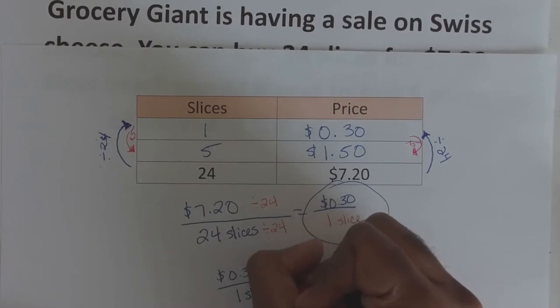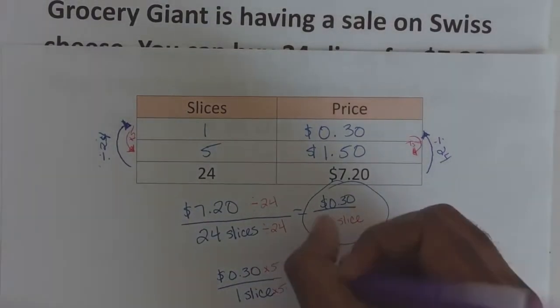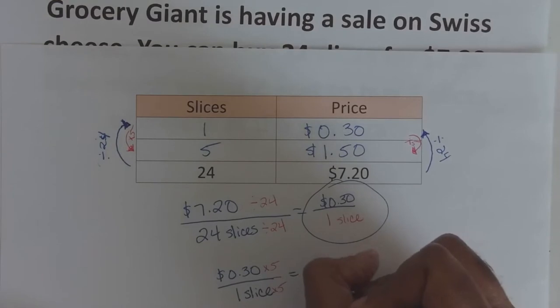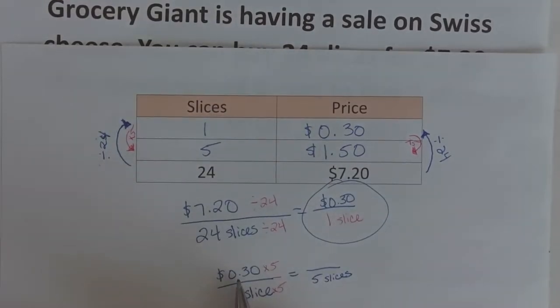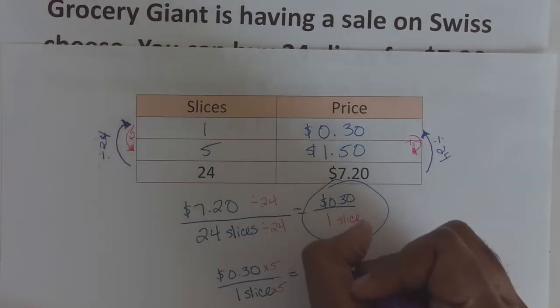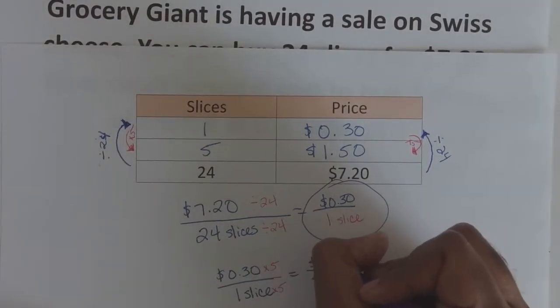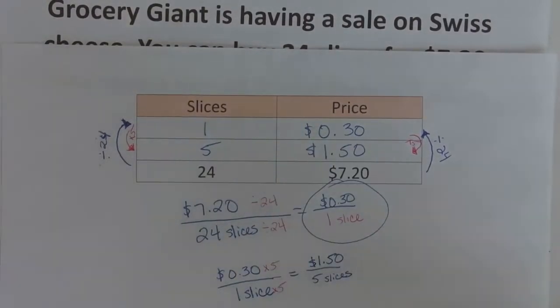So I'm going to multiply both my numerator and my denominator by 5, which is going to give me 5 slices, which is what the problem wants. And then 30 cents times 5 is going to give me $1.50. So now let's see how we can use equations to represent unit rates.